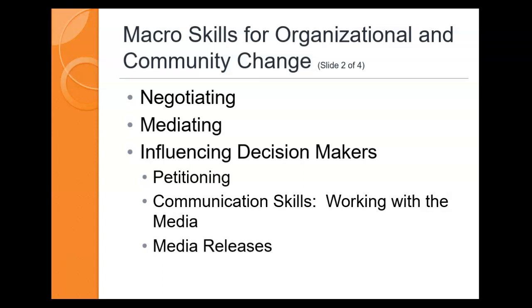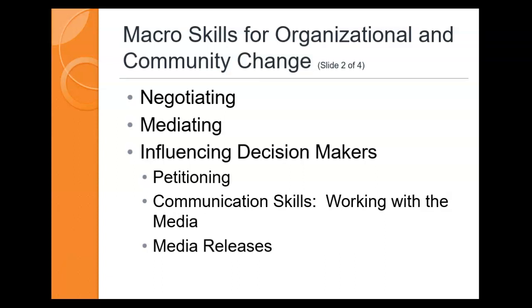Usually, the decision to use media occurs when a group or agency decides that it is the most effective way to galvanize and influence decision makers. Usually, there's some kind of contact with the media.